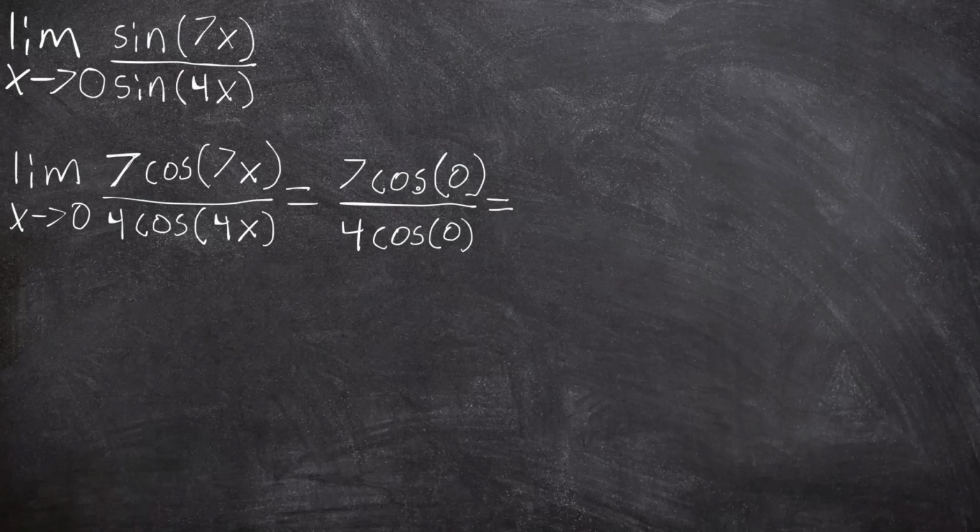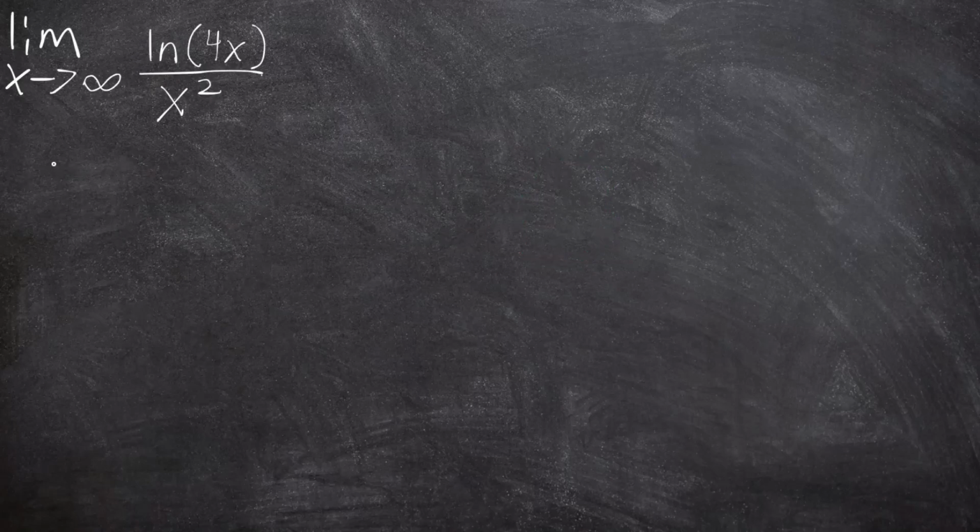So 7 times cosine 0 is 7, and 4 times cosine 0 equals 4. And this right here would be our final answer. The limit of this function as it approaches 0 is 7/4. So if you were able to do this, good job. If not, that is okay. We are going to do a few more.